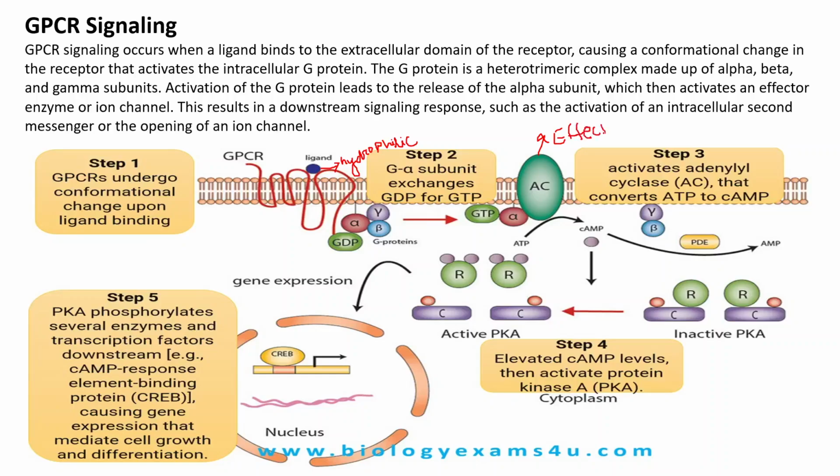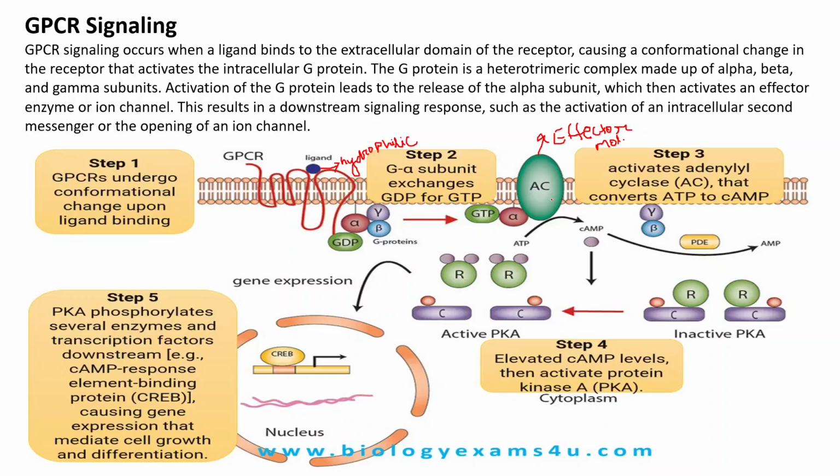This is the effector molecule and this is the hydrophilic ligand. So now what has happened? GTP binds to the alpha subunit of the G protein and activates it, and this activated complex goes and activates the adenylate cyclase.